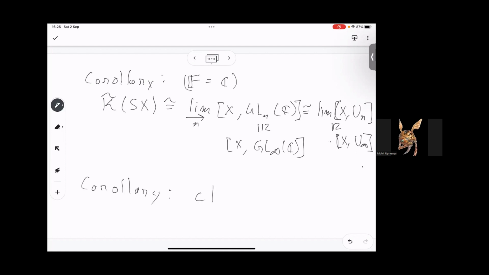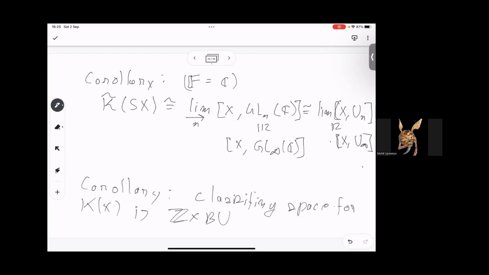Another corollary that I just want to mention, for the sake of completion, is the classifying space: K(X) is Z cross BU. So basically, we need this extra Z from somewhere.